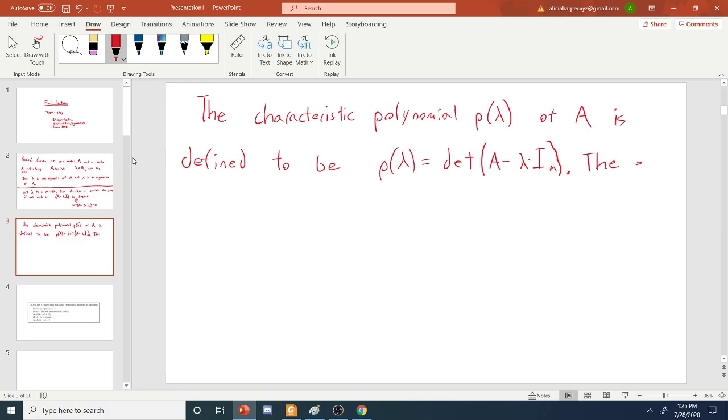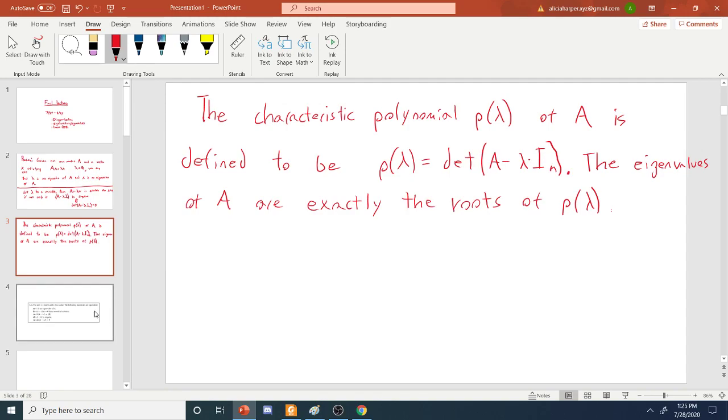The eigenvalues of A are exactly the roots of p lambda. So, in order to find the eigenvalues of a given matrix, we write down its characteristic polynomial, and then we ask ourselves, where does this characteristic polynomial vanish?